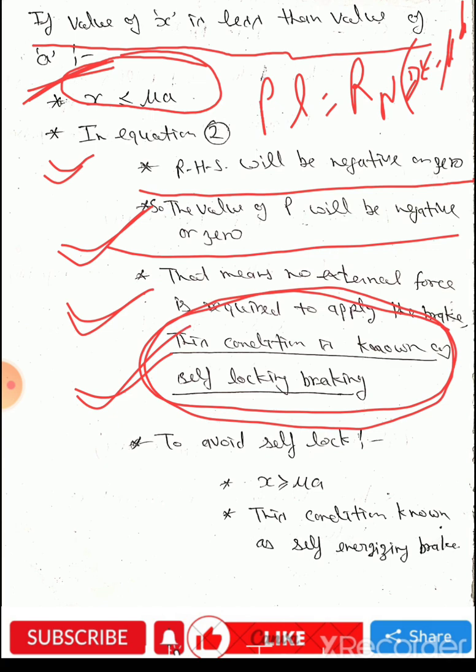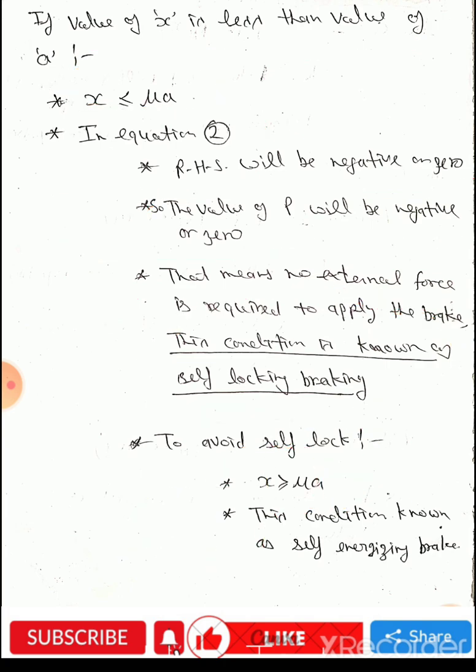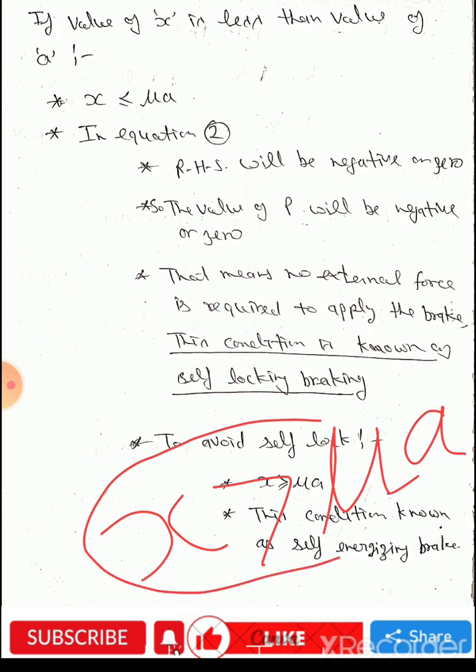To avoid this self-locking condition, it must be x greater than or equal to mu a. This is the condition for avoiding the self-locking condition.